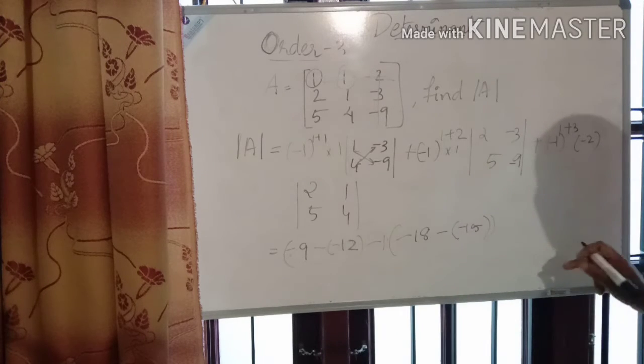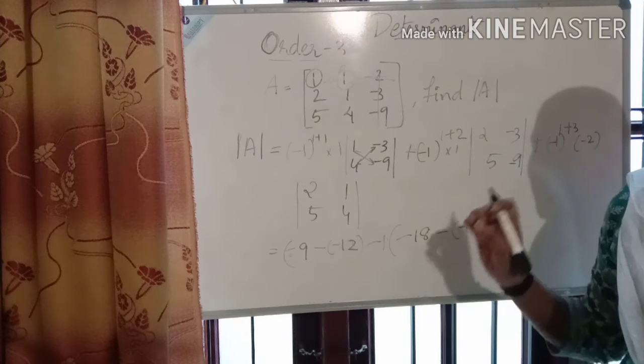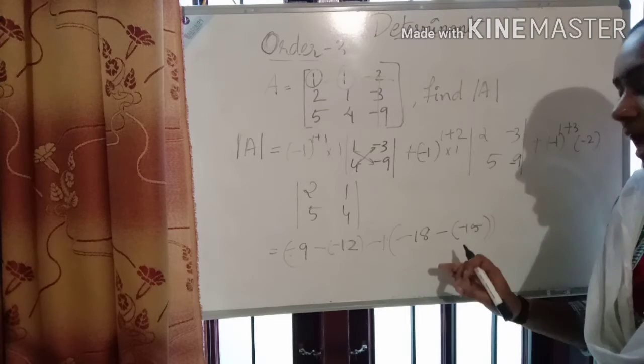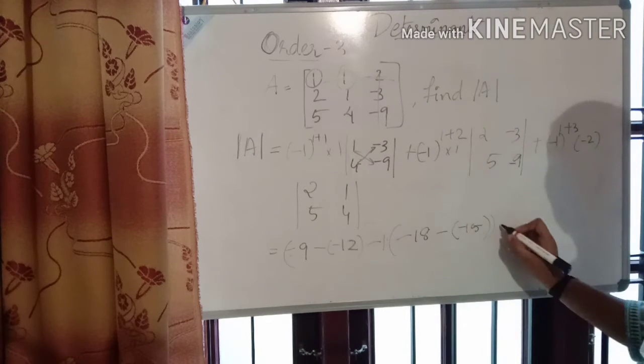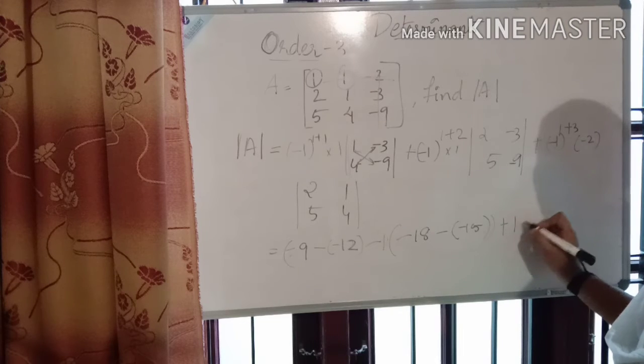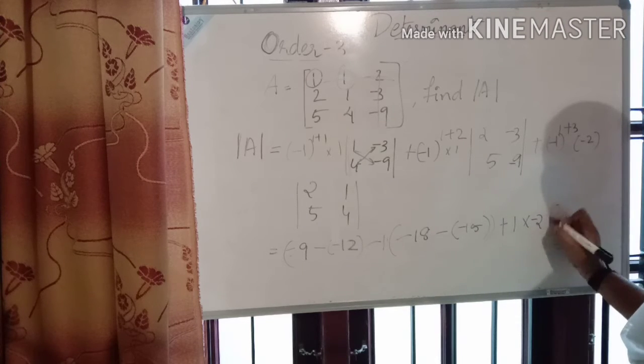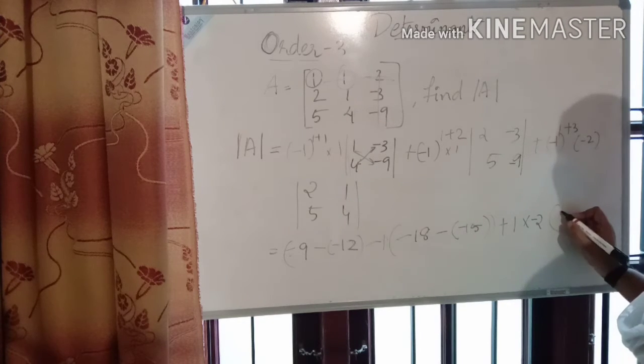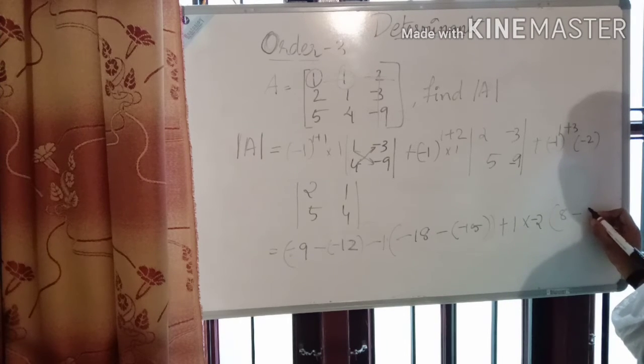You should write the minus symbol and bracket clearly. Plus 1 into minus 2 into the determinant: 2 into 4 is 8, 8 minus 5 into 1, 5.